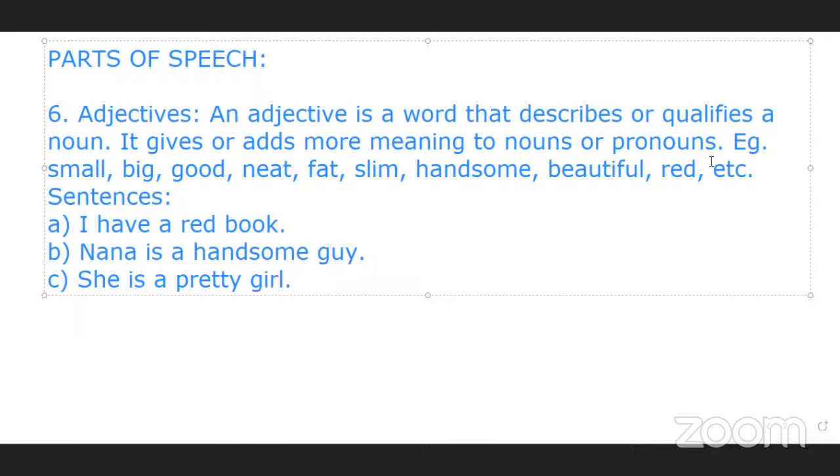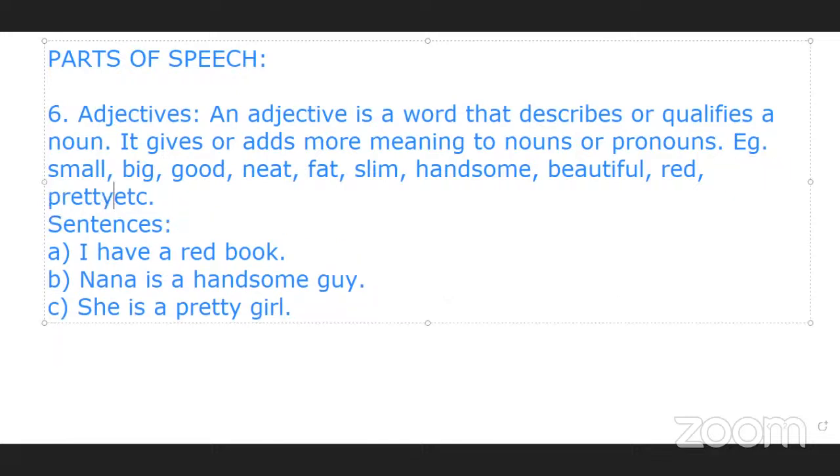Great. So now let's look at example 2. Nana is a handsome guy. Which word is the adjective here? It's handsome. Handsome, great. Handsome guy, yes. So which noun is handsome qualifying?